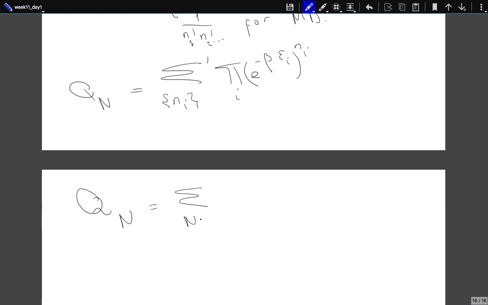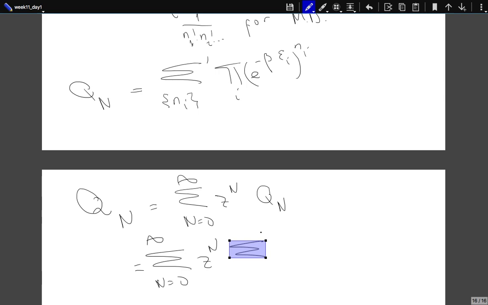You see, the grand partition function is the sum over N from 0 to infinity of z to the power N times the canonical partition function, which is the sum of N from 0 to infinity of z to the N, but N is also nothing but the sum over n_i.